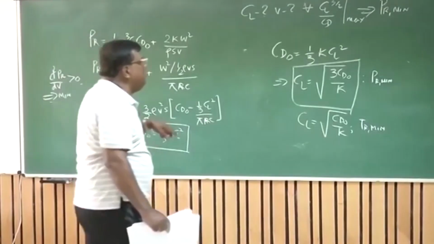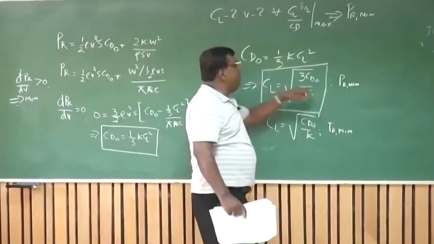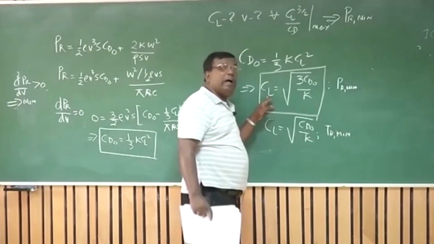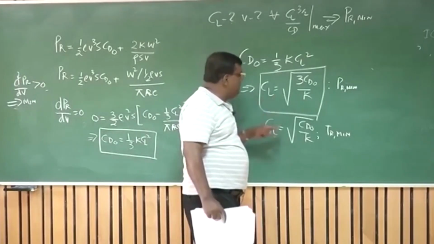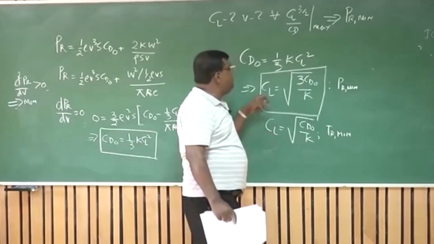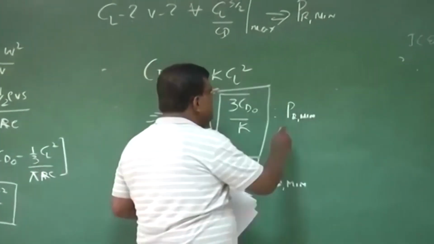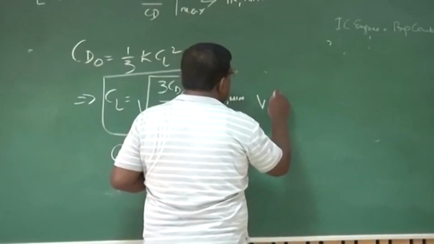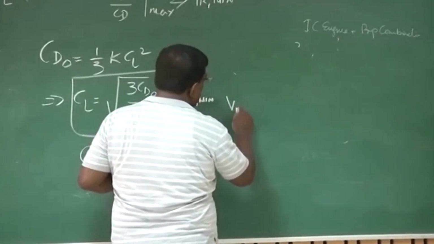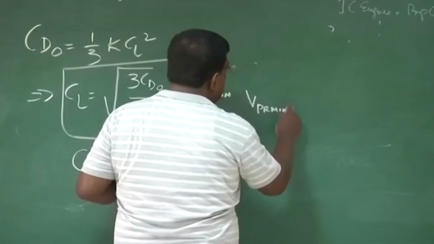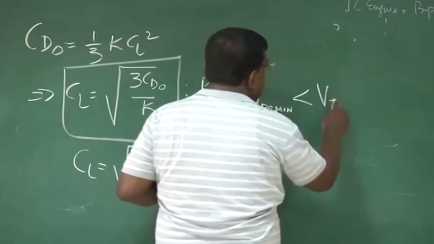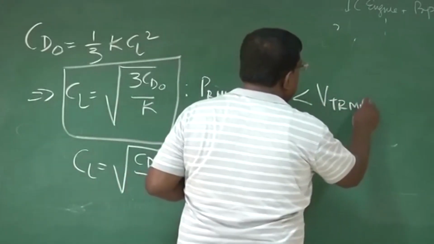That will be decided by this: if I am flying at power required minimum, my CL will be higher than CL for thrust required minimum. Since CL is higher, the velocity will be less in this case. V for power required minimum will be less than V for thrust required minimum.